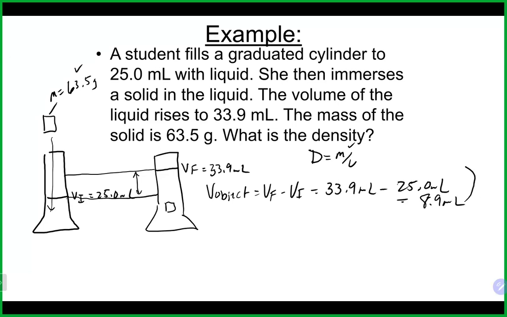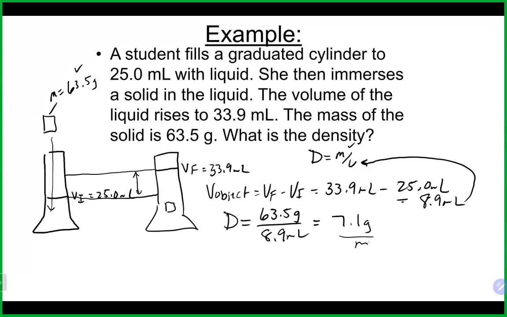That would be the object's volume, and now we have the volume that we need, and we have the mass, so our density is 63.5 grams divided by 8.9 milliliters in this case. So 63.5 divided by 8.9 is going to get us 7.1. Once again, the units do not cancel, so it's grams per milliliter in this particular case.